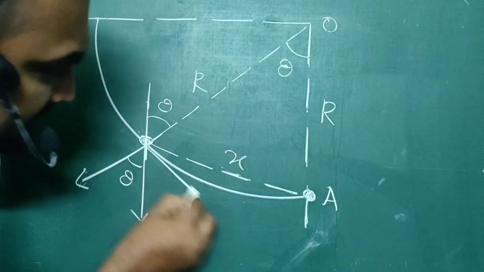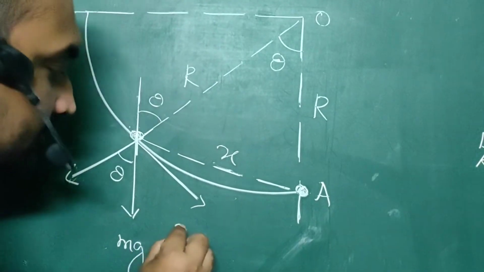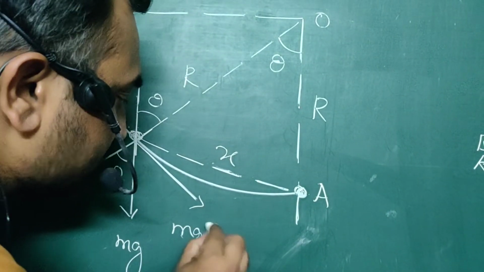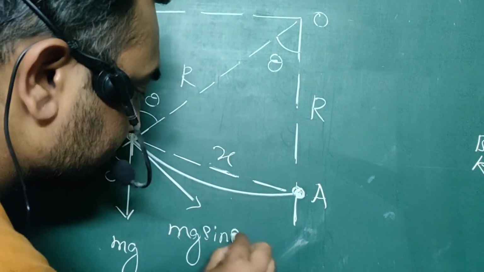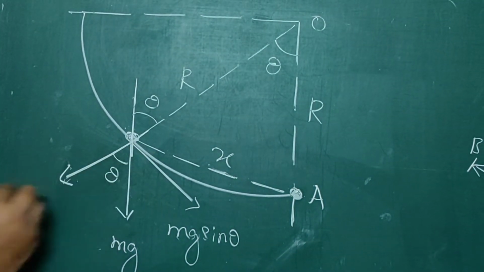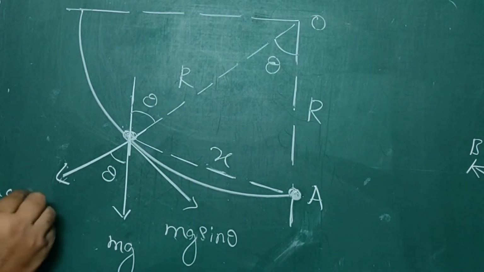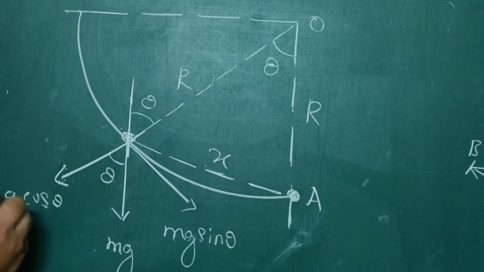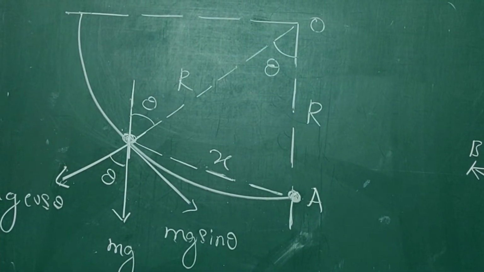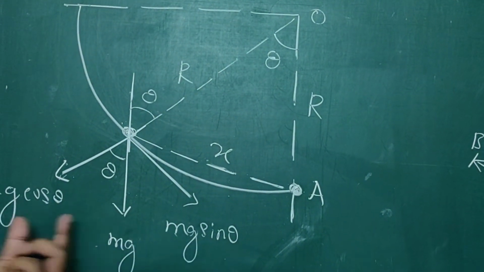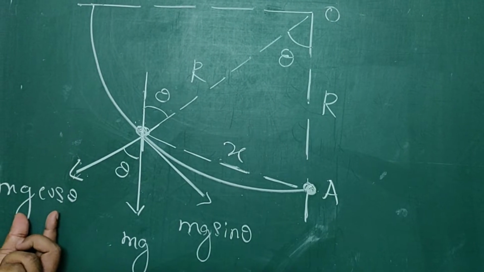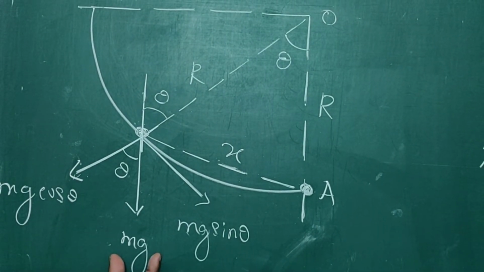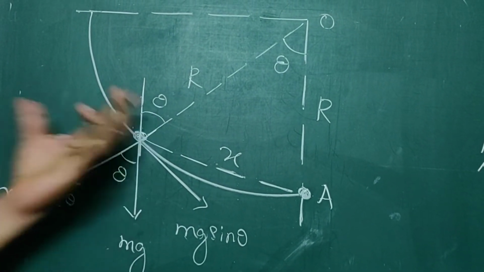Now in this direction I'll get mg sin theta, and in this direction I'll get mg cos theta. You can see mg sin theta and mg cos theta are the two components of the gravitational force mg acting on the ball B.